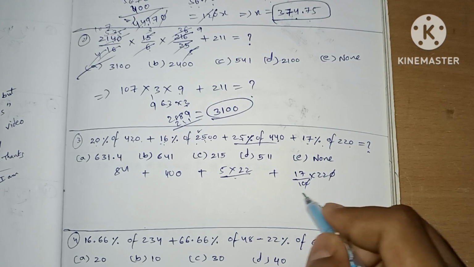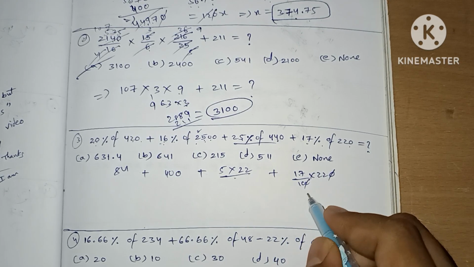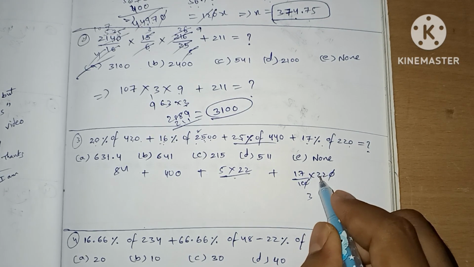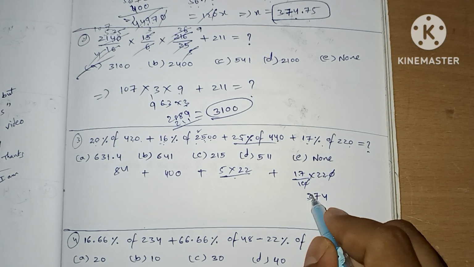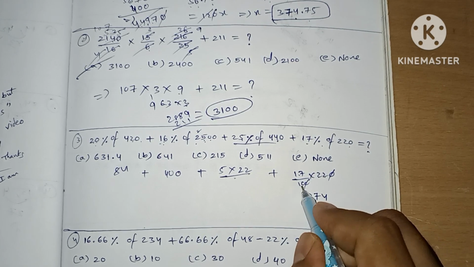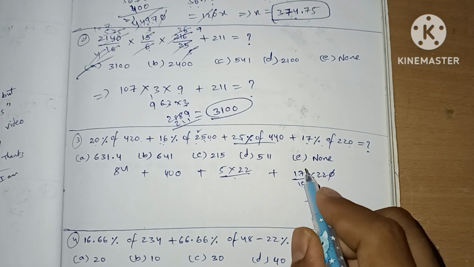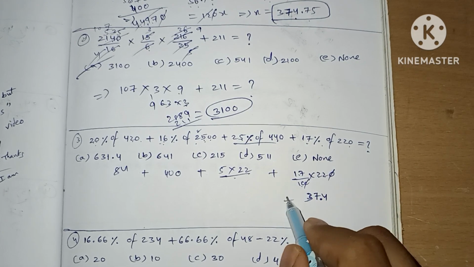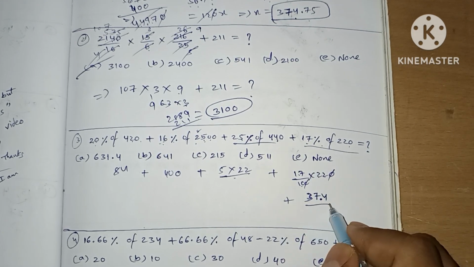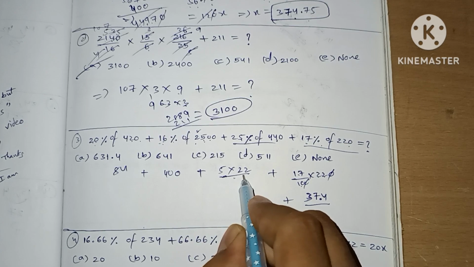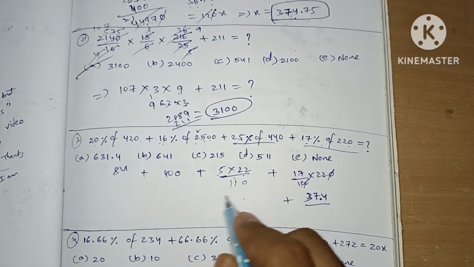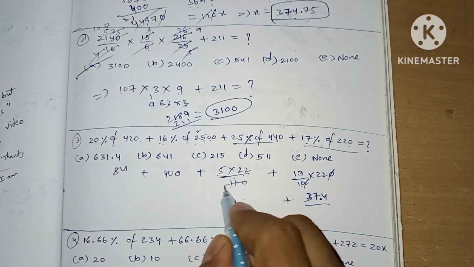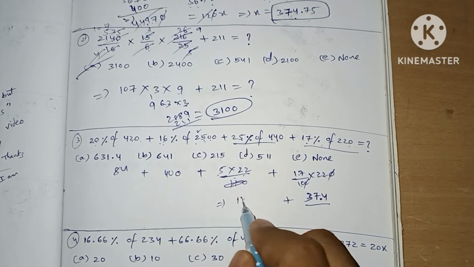This 0 and this 0 cancels. 17 2 times will be 34 and into 11 times means sum of these two 37.374 divided by 10 means 37.4. So the value for this one is 37.4. Here we get 1 5 2 times is 10 into 11 will be 110. So we get here 110.